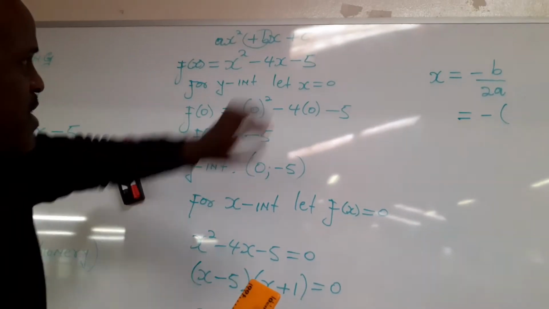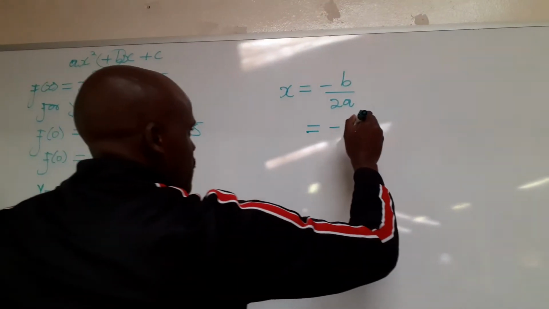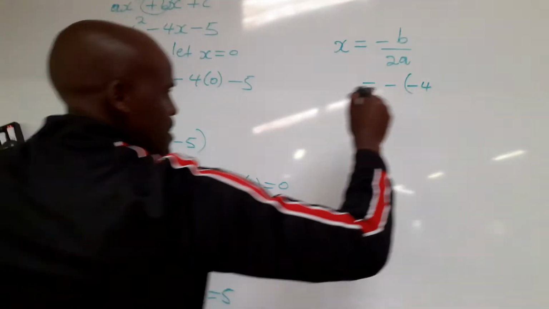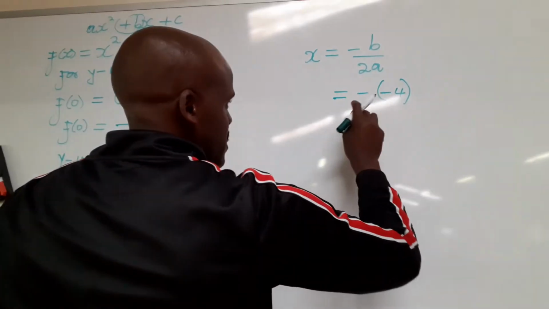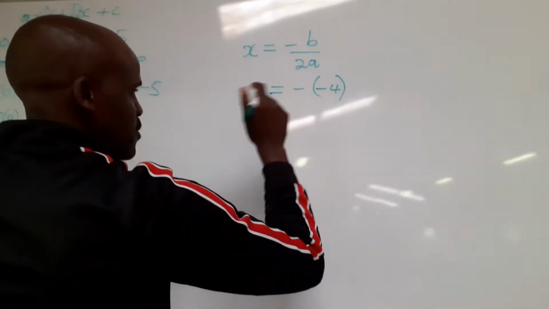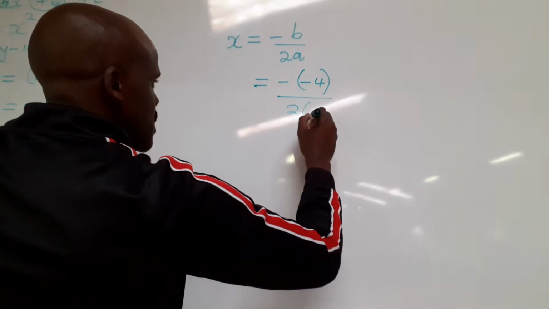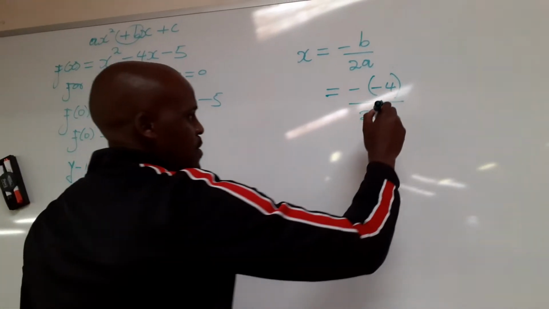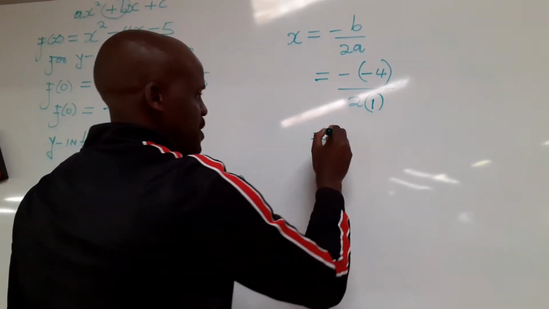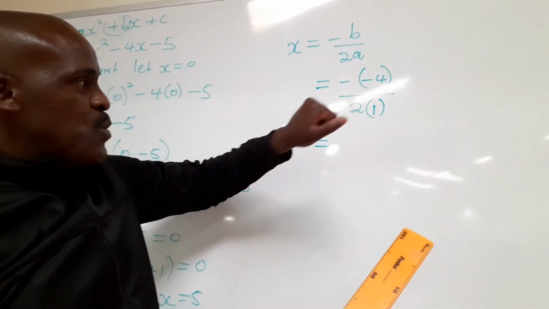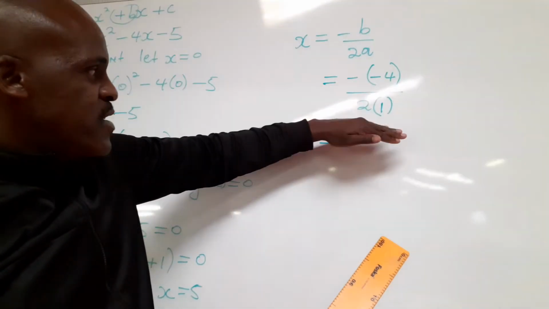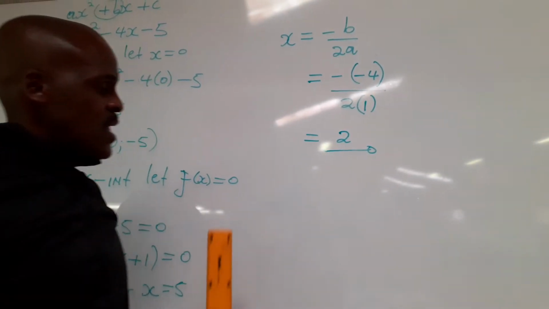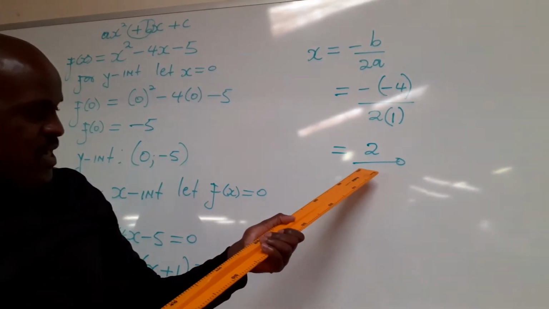The value of b is negative 4. You take this value of b with its sign and substitute it in the place of b. It's negative, negative 4, over 2 times the value of a, which is positive 1. Negative times negative is positive. Therefore, we have 4 divided by 2, which is 2. This is the x value at the turning point.